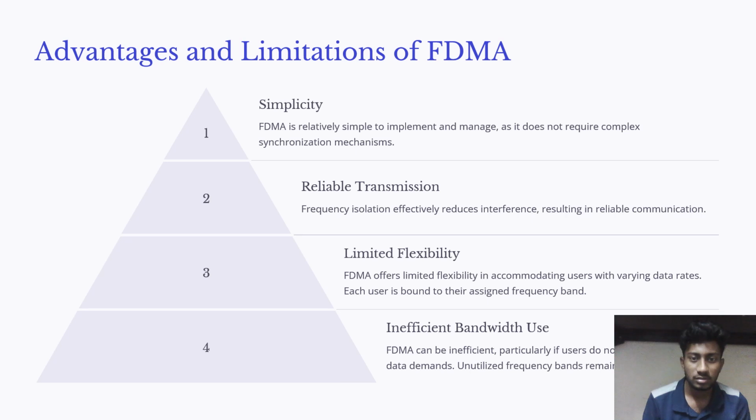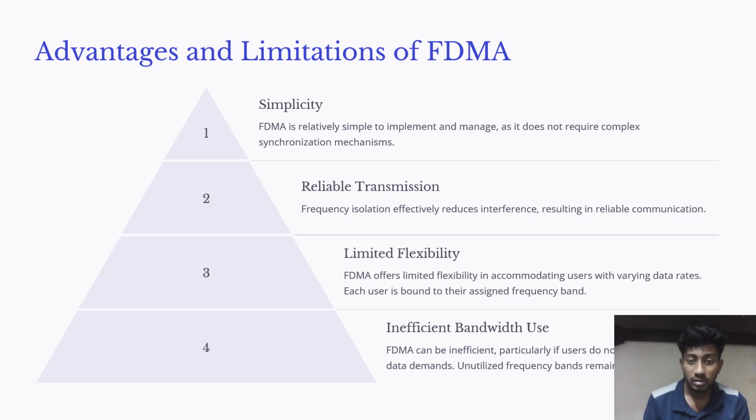The advantages and limitations of FDMA. Simplicity: FDMA is relatively simple to implement and manage, as it does not require complex synchronization mechanisms. Reliable transmission: frequency isolation effectively reduces interference, resulting in reliable communication.